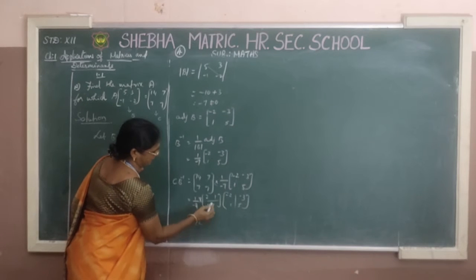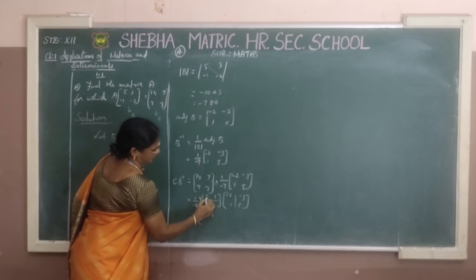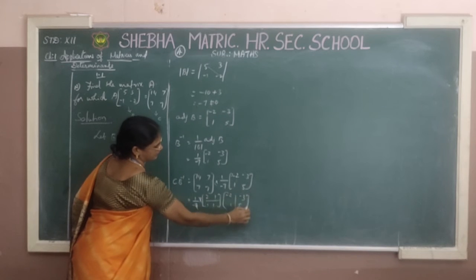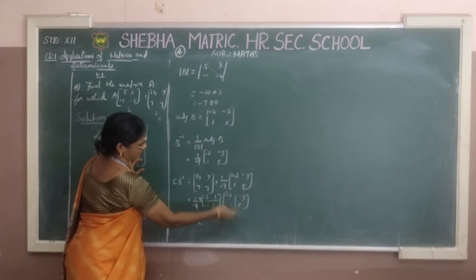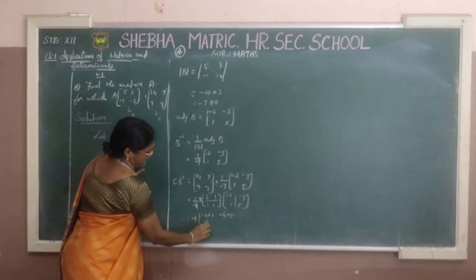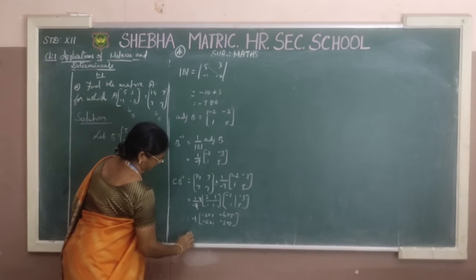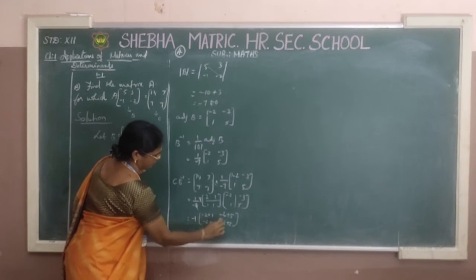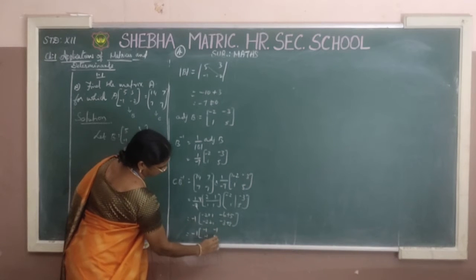How to multiply this? 2 twos are -4, wait, as shown: -2 plus 1, and with the same row consider the second column, 2 threes are -6 and plus 5. Next, -2 plus 1, -3 plus 5, is equal to -1 into, this is -1, here also -1, here 2.